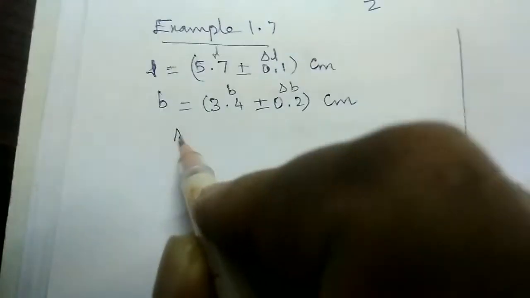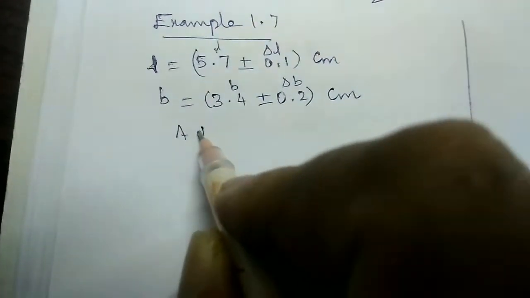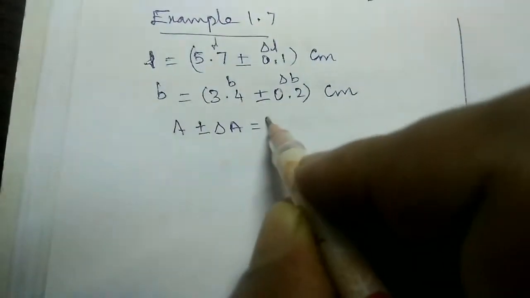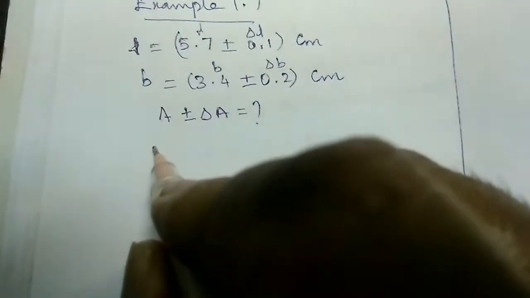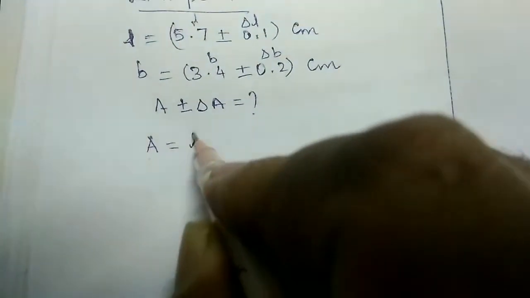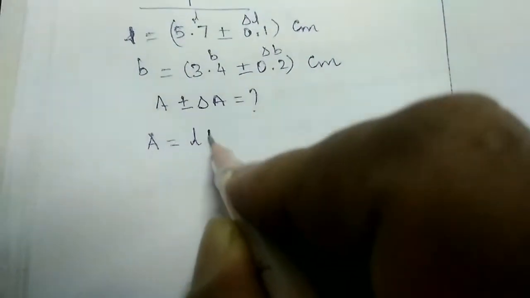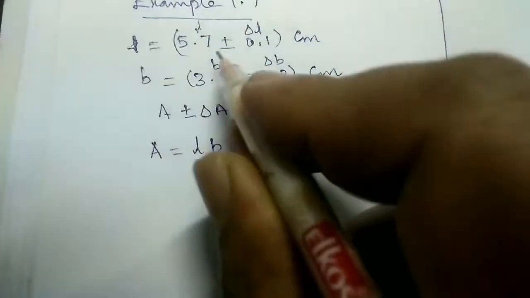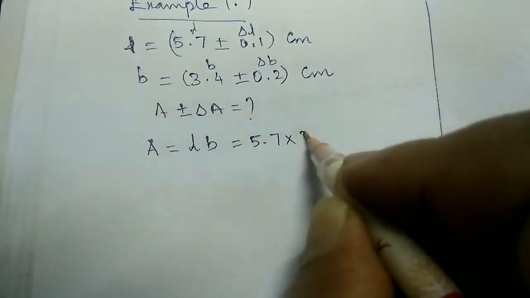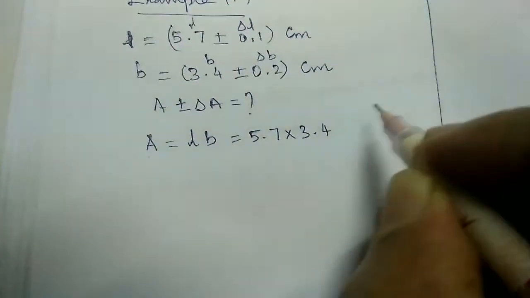Now we calculate the area along with its absolute error. First we calculate A. A is the area of the rectangle, length into breadth. Just write the L value 5.7 and the breadth value 3.4.